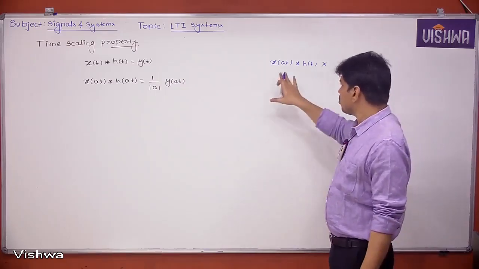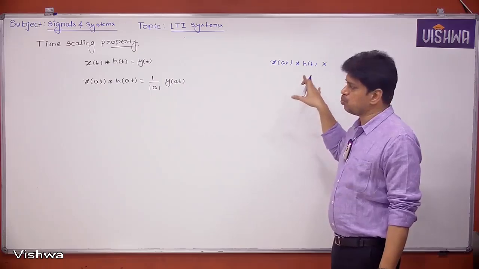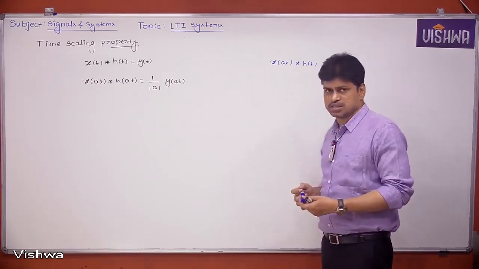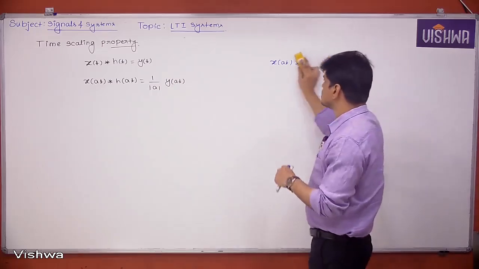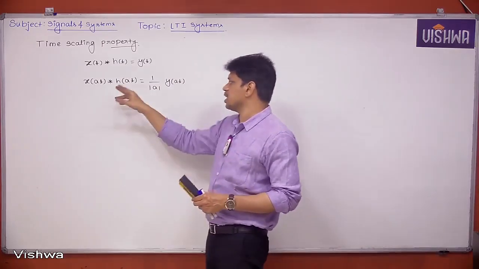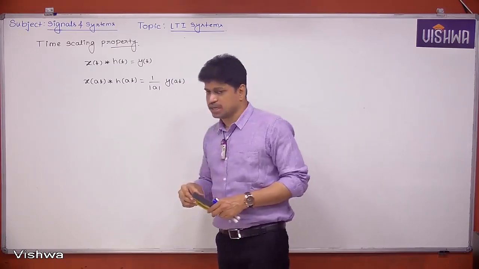But if I want to find out this value, yes, we can do it, but we don't have the standard result for these kinds of things. Okay, keep that in mind. The standard result is only for x of at convolution with h of at, and the result is 1 by mod a y of at.